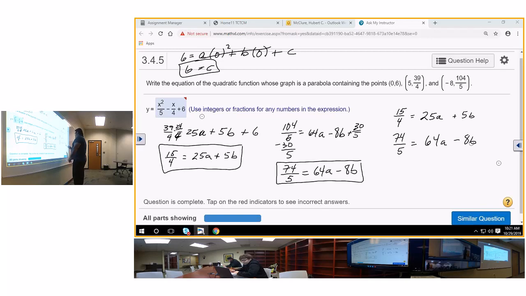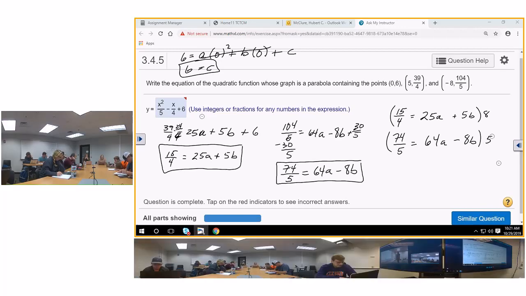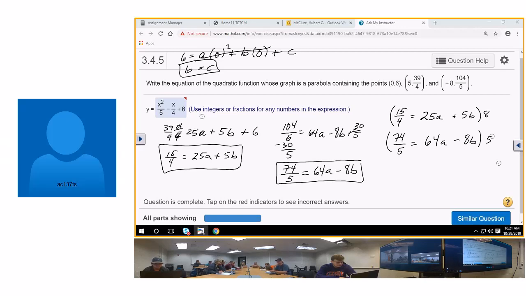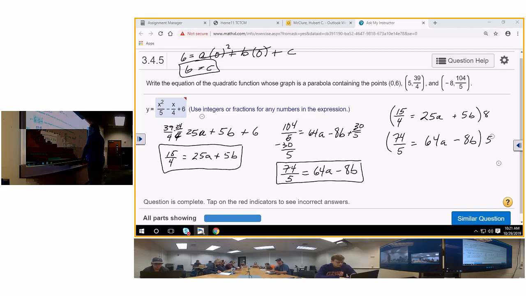I'm going to multiply the top by 8 and the bottom by 5. Okay, I don't know what I did, but I'm seeing something different. 8 divided by 4 is what?